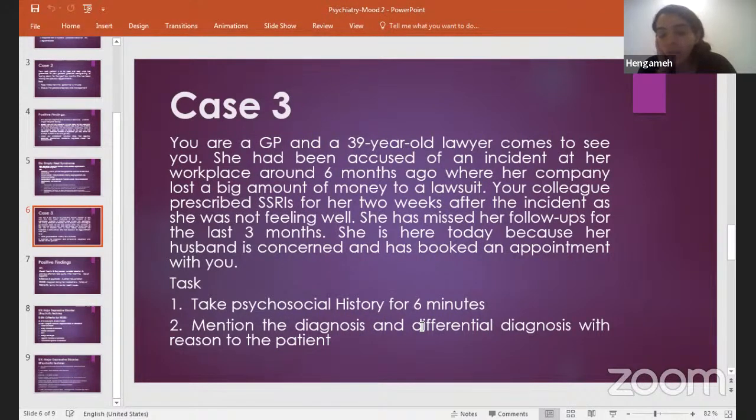If you have extra time, it's okay, but I would personally say, even then, better not go through something that's not part of your task. But for differential diagnosis, it will be major depression. It could be anxiety, adjustment disorder.